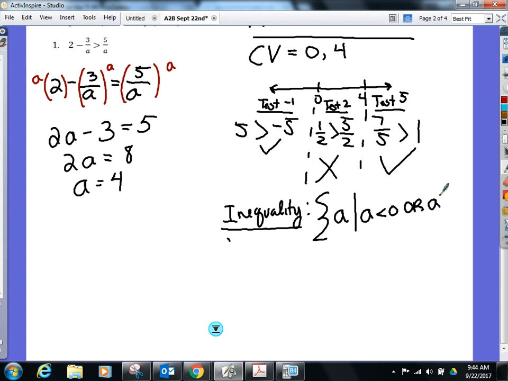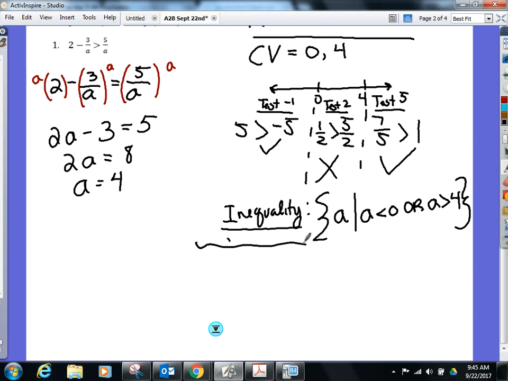Greater than 4, yep. Let me know now because I got to show you a different way to write it. So here's the inequality notation. Questions, ladies? Or you could write it in interval notation.